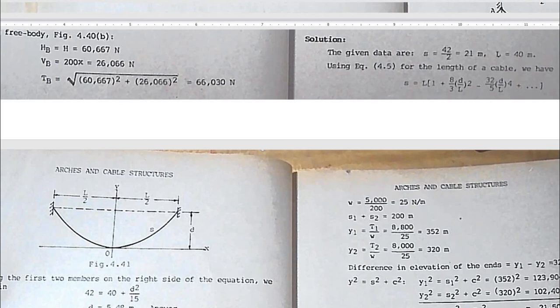And if you will convert that to fraction, magiging 1 over 15. Okay? So, ulitin ko. Paano nakuha yung 1 over 15 na yan? Balik tayo dito, ano? So, that is the fraction 8/3 divided by 40 squared.